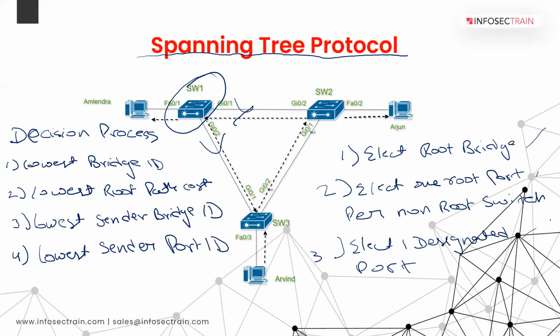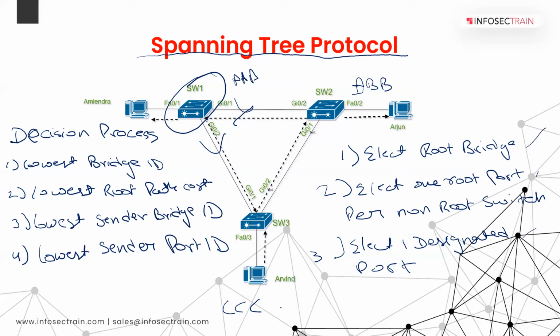So for example, lowest bridge ID. Let's say switch 1 has MAC address of AAA, switch 2 has BBB, and switch 3 has CCC. So what will happen, guys? Anyone having lowest MAC address will be having lowest bridge ID, right?